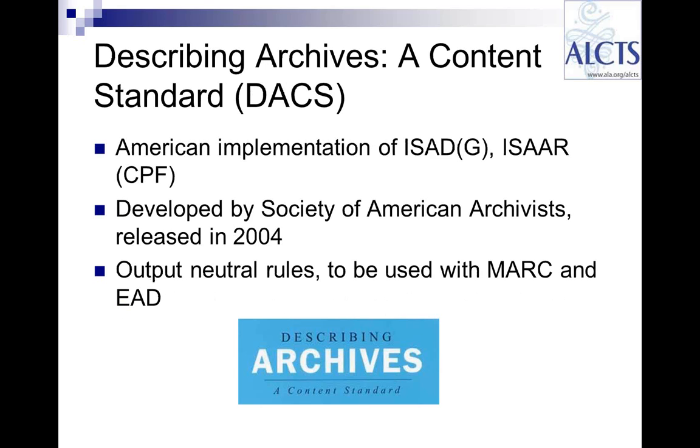DACS itself then is meant to be an implementation of that archival model described in ISAD-G and ISAAR-CPF. DACS was released in 2004 by the Society of American Archivists and is meant to be a set of output neutral rules that can be used with MARC and EAD for recording information about archives, archival materials, as well as their creators.